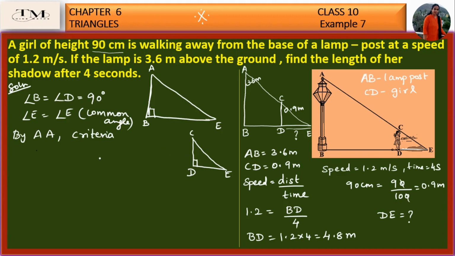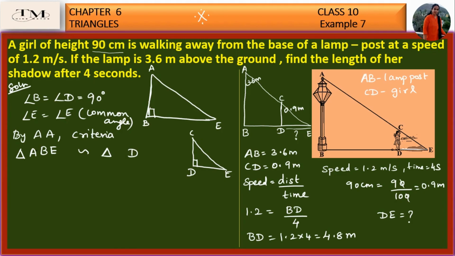triangles will be similar. Now how to write the triangle names? For B, we have D. So if I start from B, I should write D. If I start from A, as we usually do, we don't know the corresponding name for A. So the remaining are B, E. So write B, E. For B, the corresponding angle is D. So for A, leave a space.